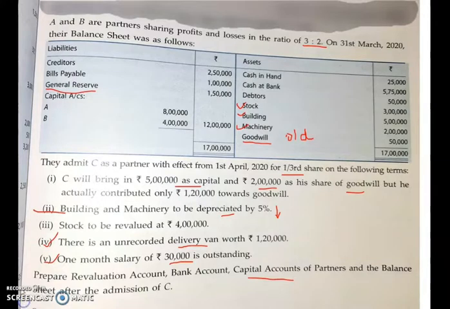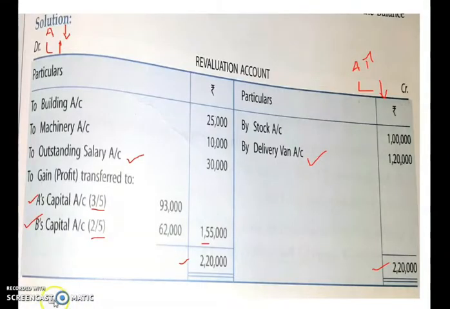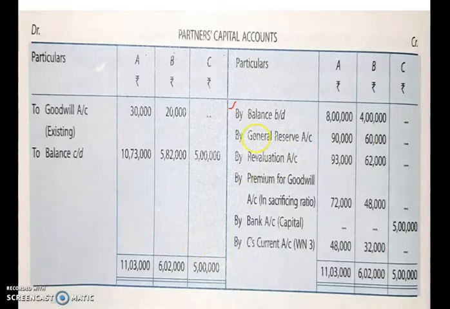There you can find the capital of A and B, 8 lakh and 4 lakh. This is the capital of partners A and B that you have to show as the first item in your partner's capital account. So 8 lakh and 4 lakh, I wrote it on the credit side.